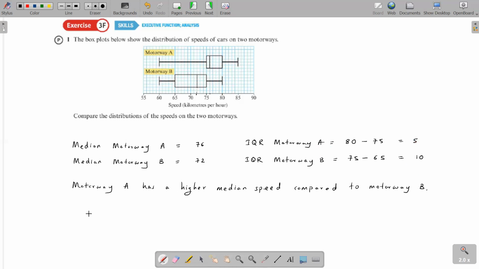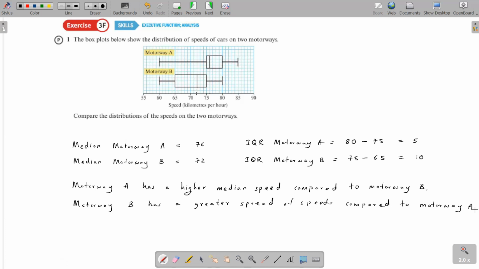So you can write motorway B has a greater spread of speeds compared to motorway A. Okay, so this is the comparison.